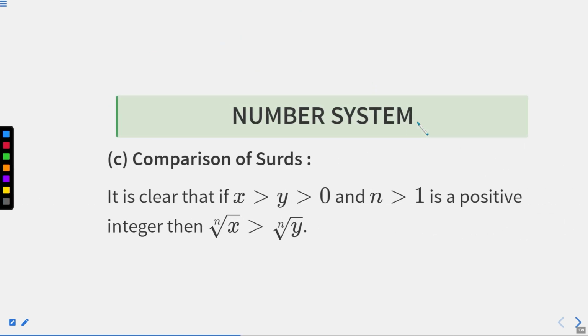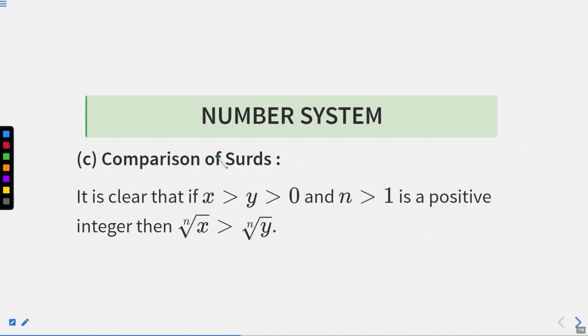Okay, let's move. Now, comparison of surds. We know how to compare natural numbers, whole numbers, integers. In natural numbers we know 1 is less than 2 is less than 3.